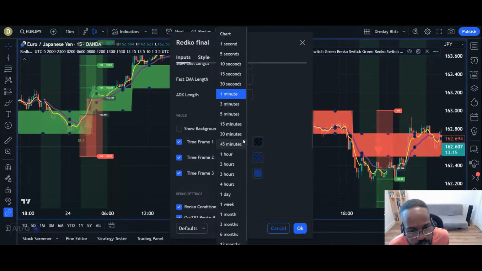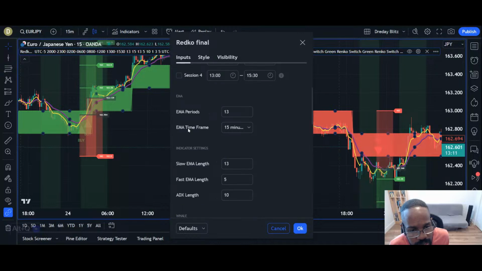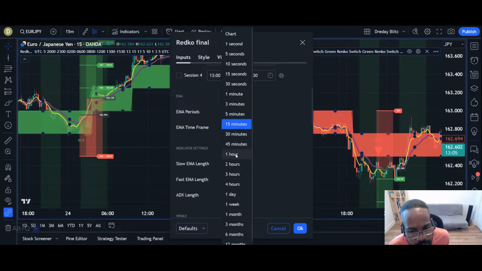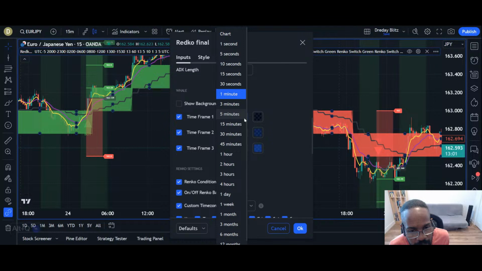So that's why you have to put 1 minute, 3 minute, 5 minute. So let's say you put your EMA time frame at 1 hour, for example. I'll put it at 1 hour, okay? So that means that my settings here for the 1 hour will be the last 3.